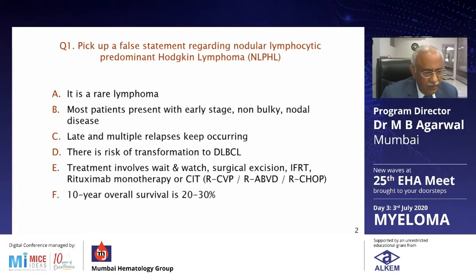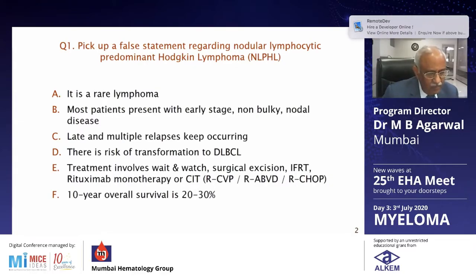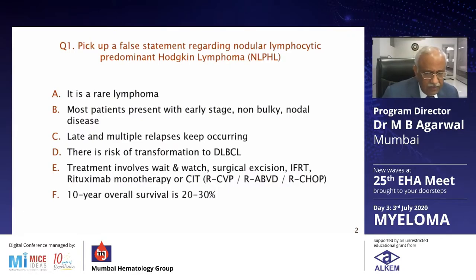Treatment involves various modalities like wait and watch, surgical excision, IFRT, involved field radiotherapy, rituximab monotherapy, or chemoimmunotherapy, which may be immunotherapy in the form of rituximab, CVP, cyclophosphamide, vincristine or vinblastine, prednisolone, ABVD, adriamycin, bleomycin, vinblastine, dacarbazine, or CHOP.